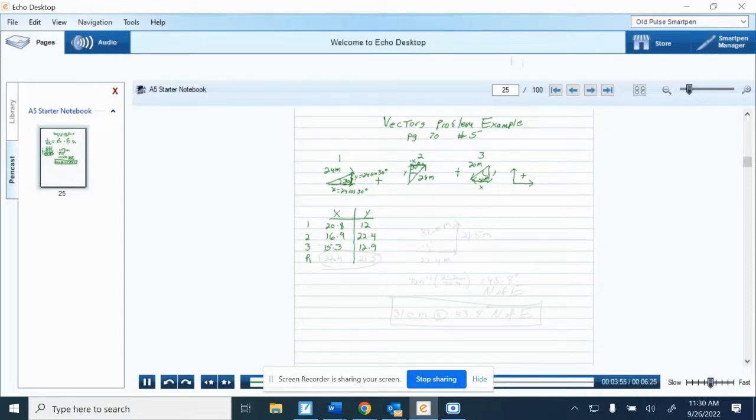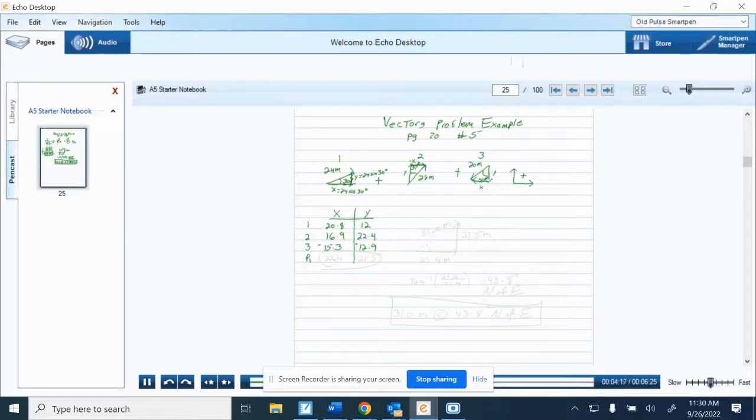The x and the y components of vector 1 should both be positive because the x goes to the right and the y goes up. Same thing with vector 2. The y component goes up, the x component goes to the right, so they're both positive. The third vector, though, the x component goes to the left, so it should be negative, and the y component goes down, so it's also negative.